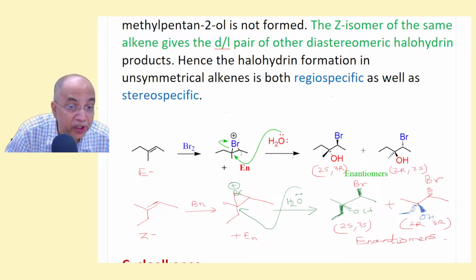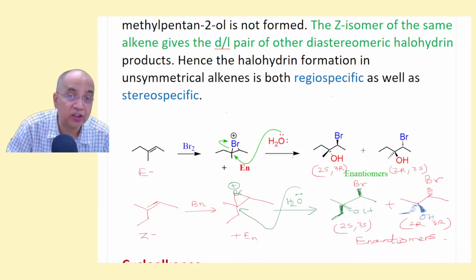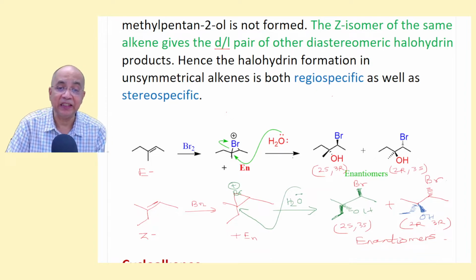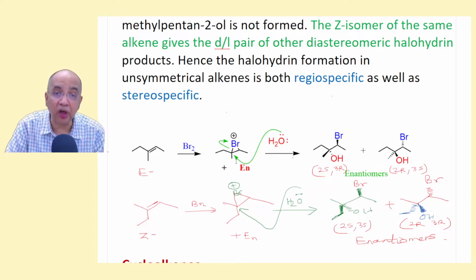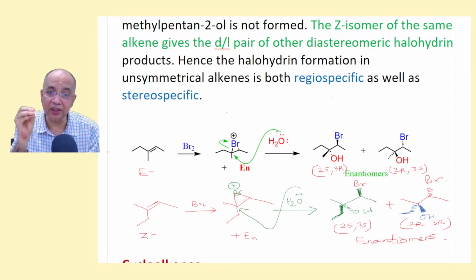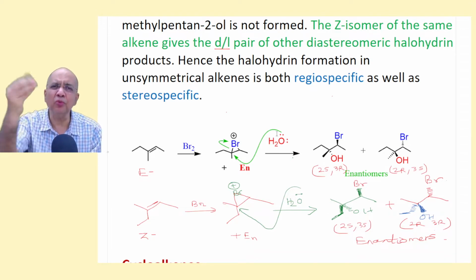Water never goes there. Remember, water does not attack this carbon, because this is the 3-degree position having much greater electrophilicity. So you don't get the other product. That is why I told you this reaction is regiospecific. Often authors do not use the term regiospecific, they say regioselective, but I dare say it is regiospecific. The other product is almost extinct.